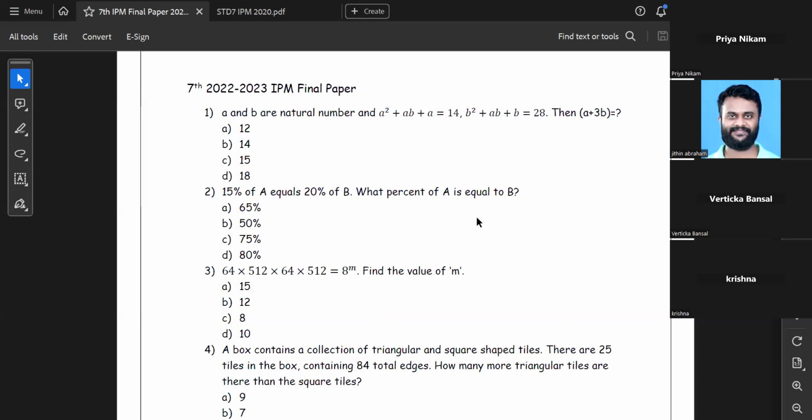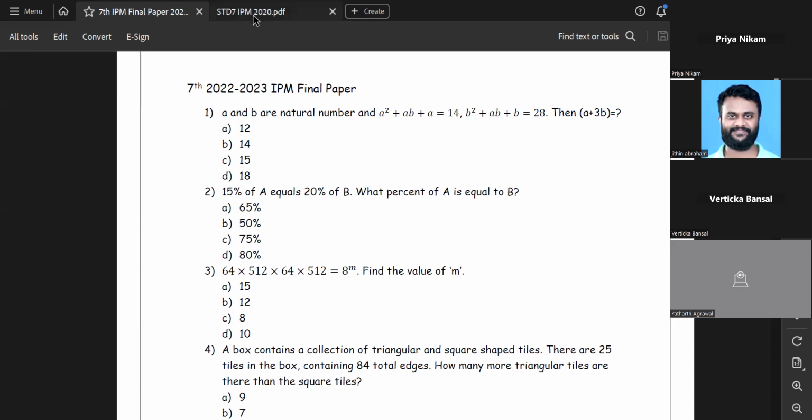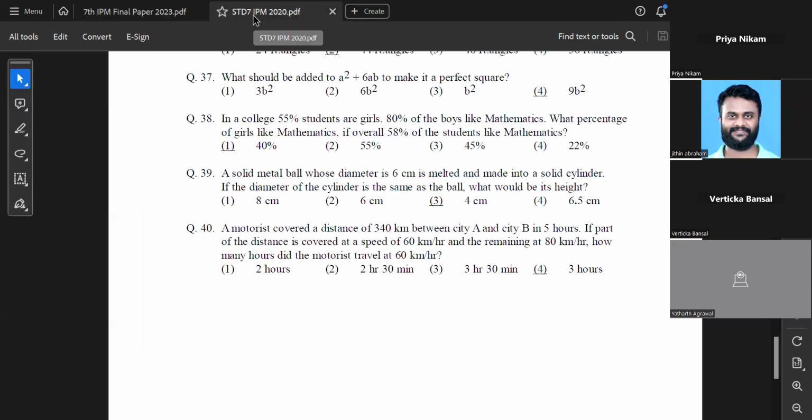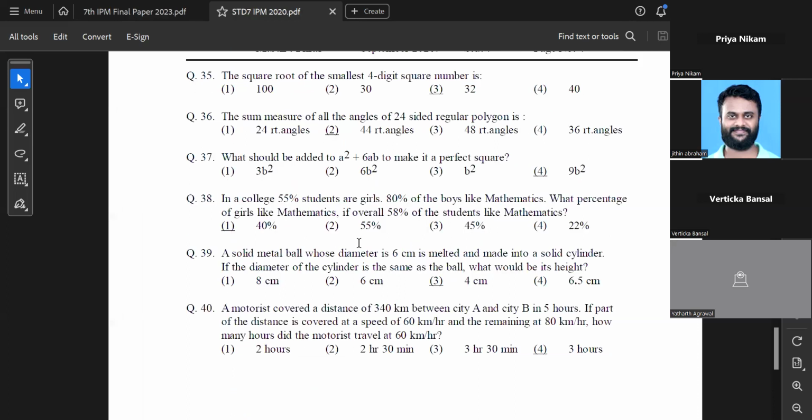Priya Nikam, tell me, what's your query? Sir, the question we just solved, I have a doubt in that. Okay, tell me. Sir, shouldn't it be 9B square?